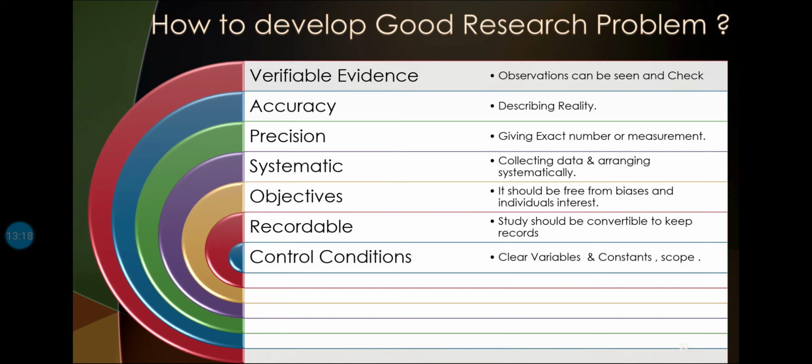It should be measurable. Systematic, so that one can understand the step-by-step process that you have done, right from collecting the data, arranging it systematically, interpreting the data, and then presenting your remarks. Objectives should be free from biases and individual interest. It means that whenever you do your research work, it should not be based on your personal interest.